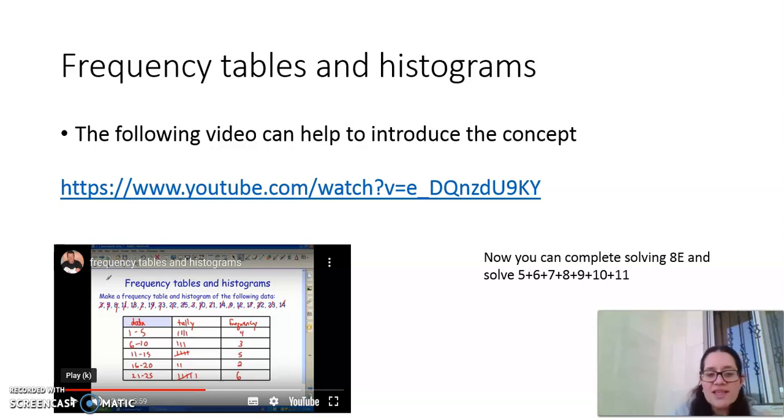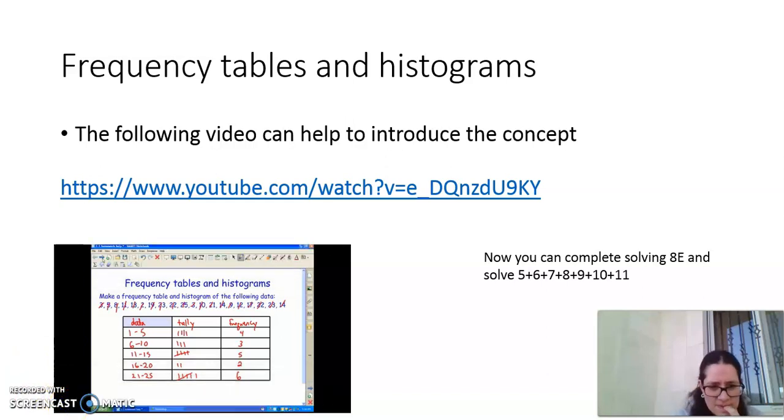If I have 6, 7, 8, 9, or 10, I will put a mark on the second group. If I have 11, 12, 13, 14, 15, I will put a mark in the third one, and so on. Then I will find how many times each group appears. Group 1 to 5 appears 4 times, group 6 to 10 appears 3 times, and so on.